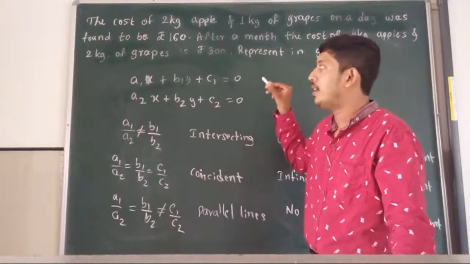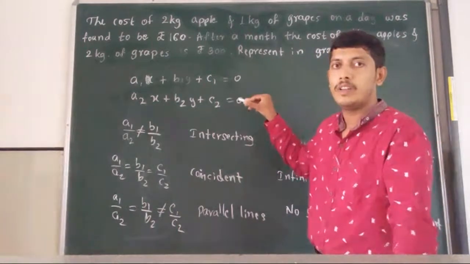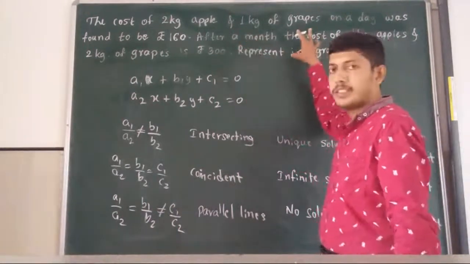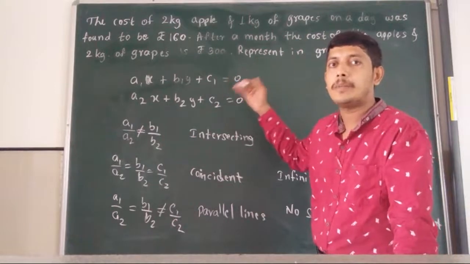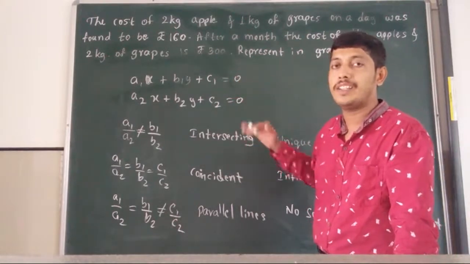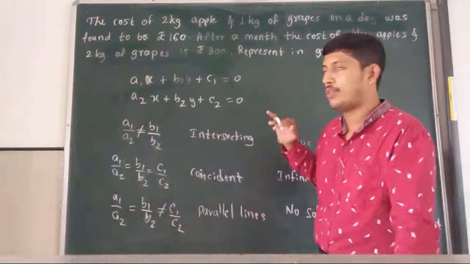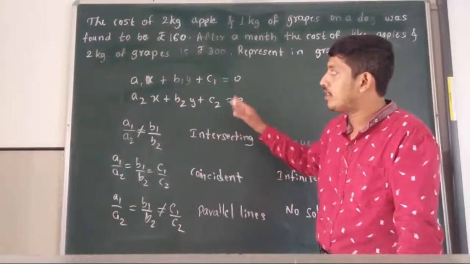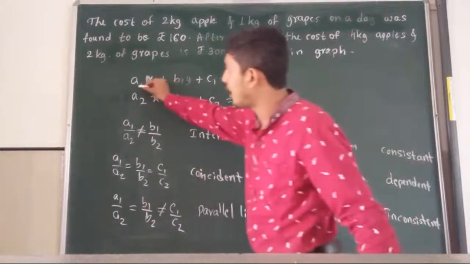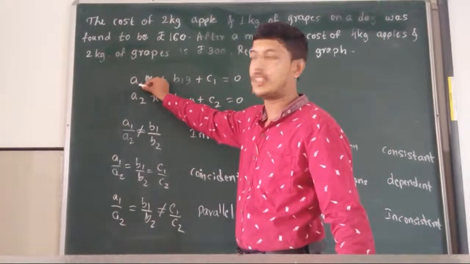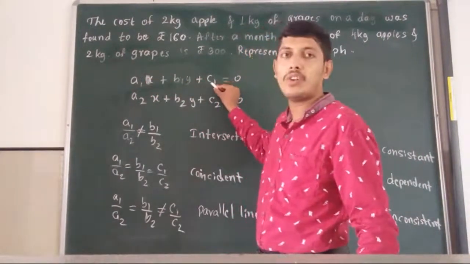Whenever any question is given, for example a mathematical statement, first you have to find the mathematical expression for that. Then, for example, this is our mathematical statement. Here a1, b1, c1 are constant terms.